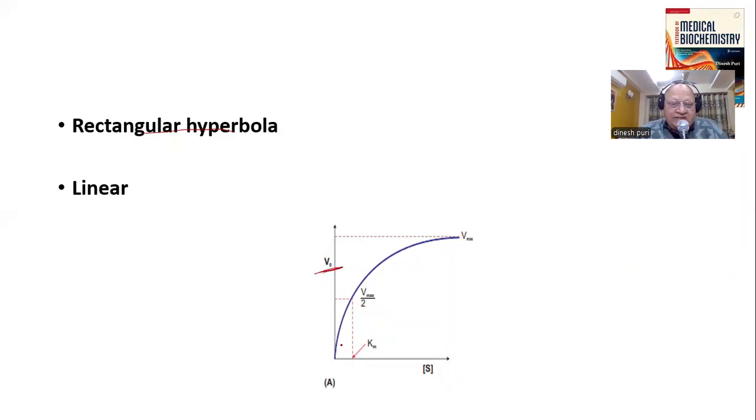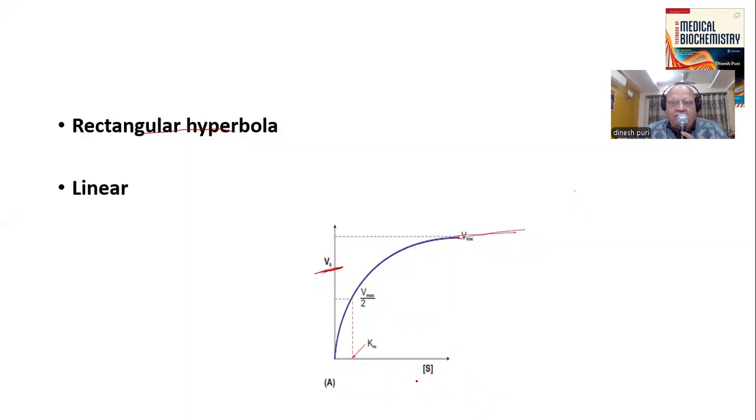And as we can see here, initially there is near linear rise in the reaction rate, the velocity, by increasing the substrate concentration, but it becomes more and more flat till it reaches a peak, and no further rise in the reaction velocity is reached by increasing the substrate concentration.